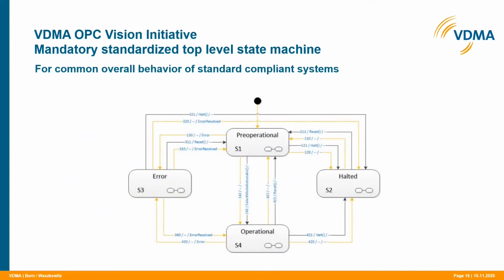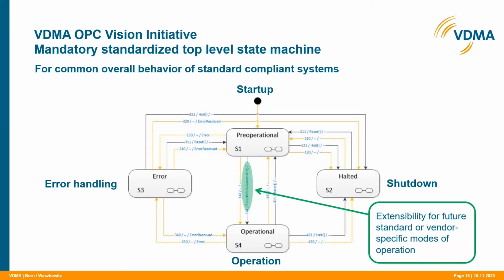Here we have the mandatory top-level vision state machine in more detail. It covers the basic steps of startup, operation, error handling, and shutdown of the vision system. The transition from the initial pre-operational state into the operational state is performed by the system either internally or due to an OPC UA method call.